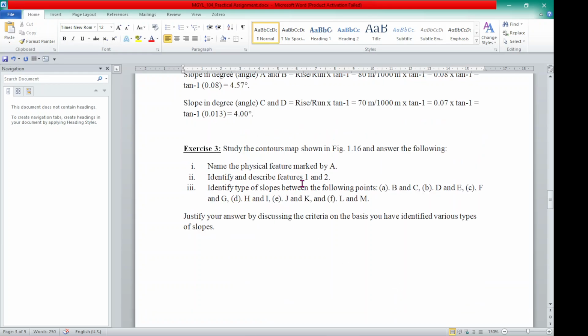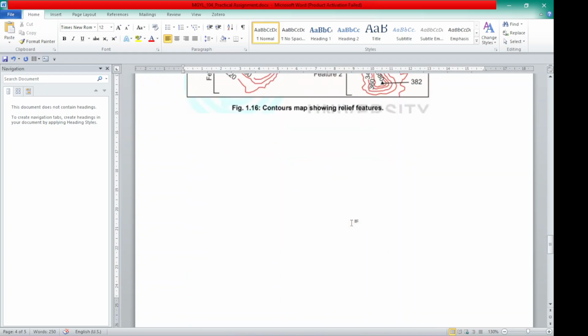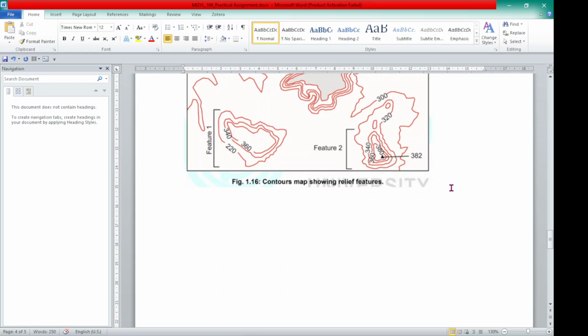Name the physical feature marked by A. A is this, it is a plateau. It is a wide flat land with an elevation of 380 bounded by steeper slopes. So this is a plateau. We will write here the solution.